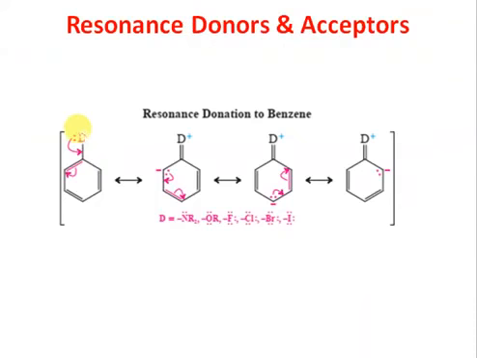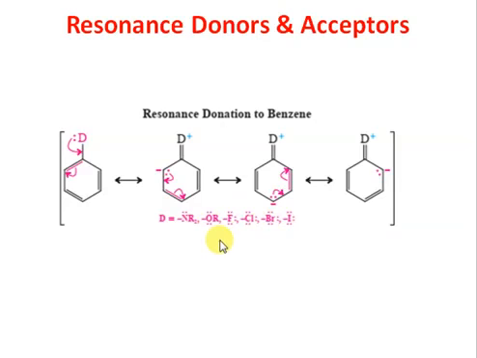Just for summary, if you consider the resonance donor or acceptor atoms, resonance donor atoms include the lone pair containing atoms. Here we have nitrogen directly attached to the benzene ring, which has one lone pair. Oxygen has two lone pairs. And the halogens have three lone pairs as well.